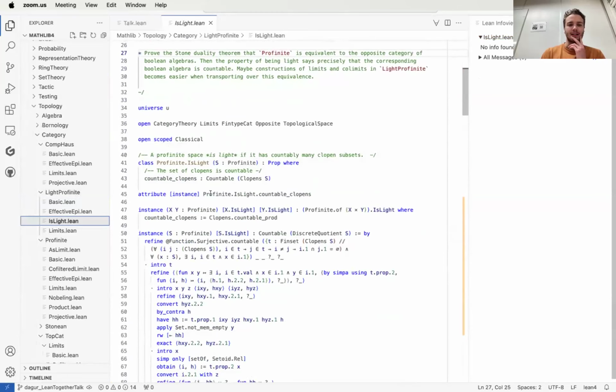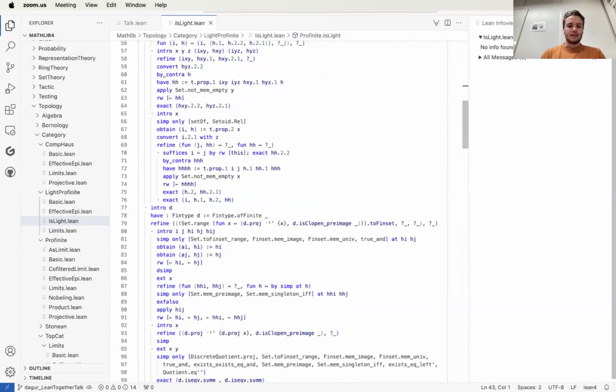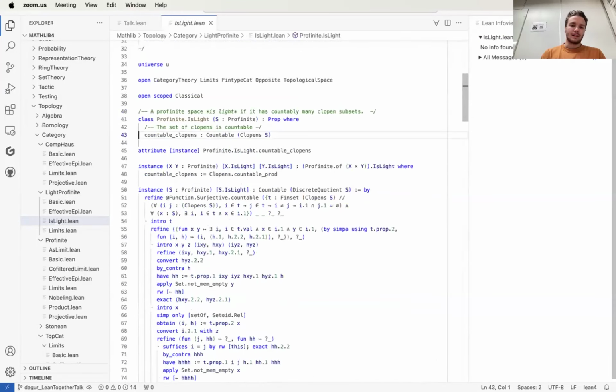That's here. I define a class, just a predicate on profinite sets, is light, saying that it has countably many clopens, and then I prove that, given a light profinite set, its underlying profinite set is light, and given a profinite set which is light, you get a light profinite.